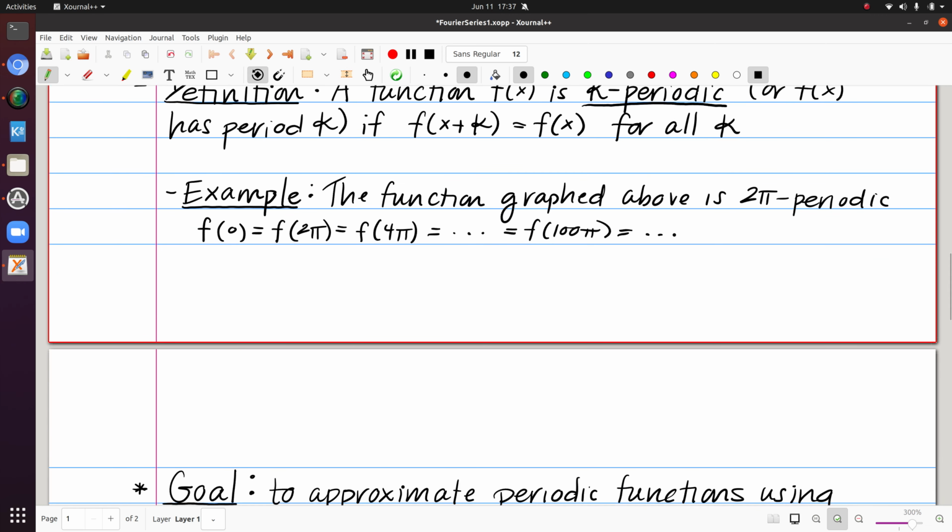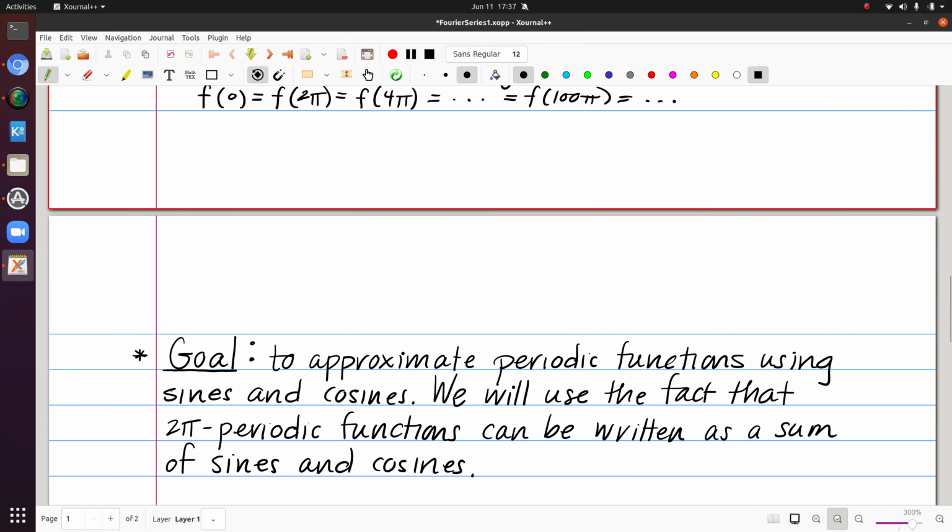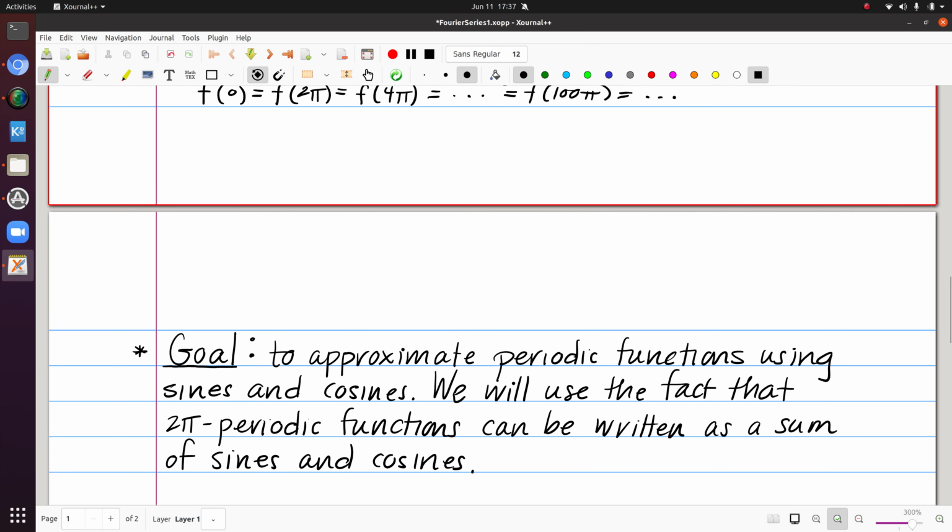The goal that we're going to have with regard to Fourier series is that we want to take an arbitrary periodic function, and like I said, we'll focus on 2π periodic functions, and we want to approximate it using sines and cosines. An underlying fact that we're going to just take for granted is that we can take 2π periodic functions and write them as a sum of sines and cosines.